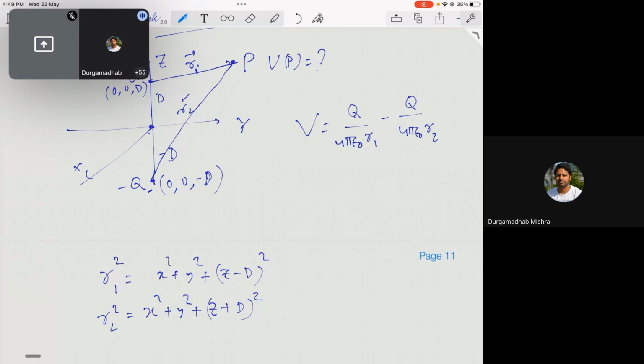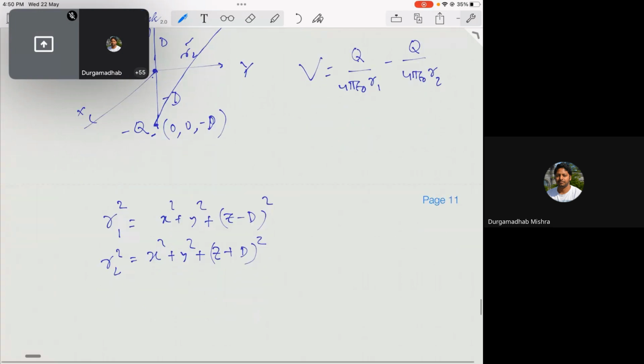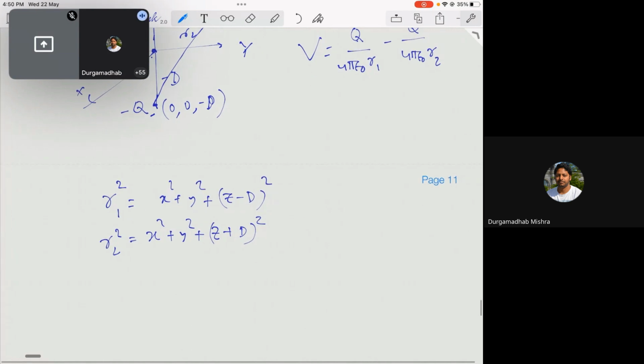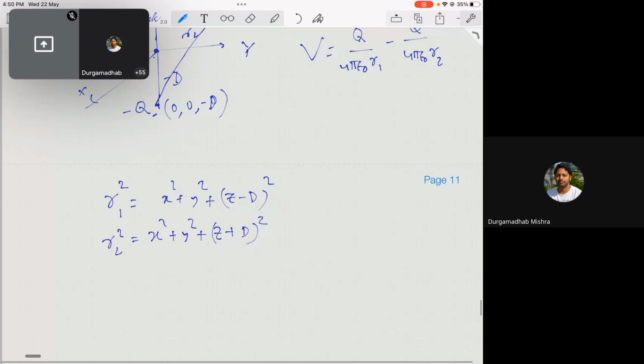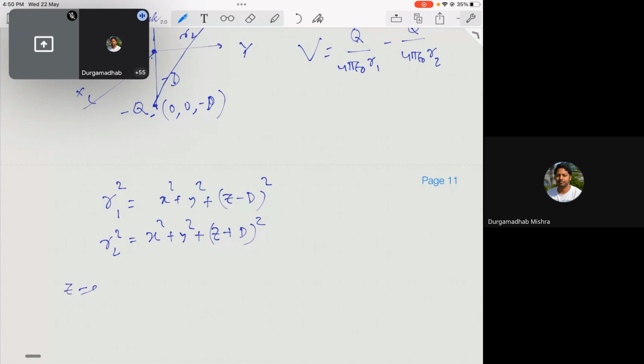Now let's see what the potential is when Z is 0 and when we go far away from this point. If Z is equal to 0, R1 is the square root of x square plus y square plus d square, and R2 is also the square root of x square plus y square plus d square.